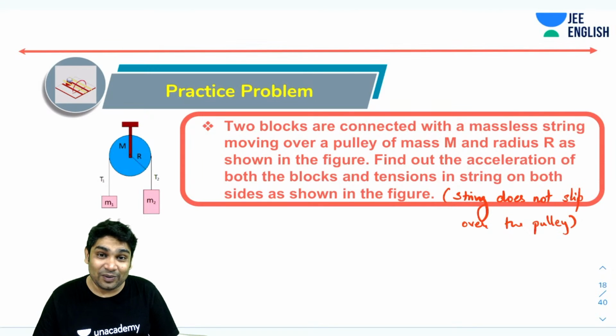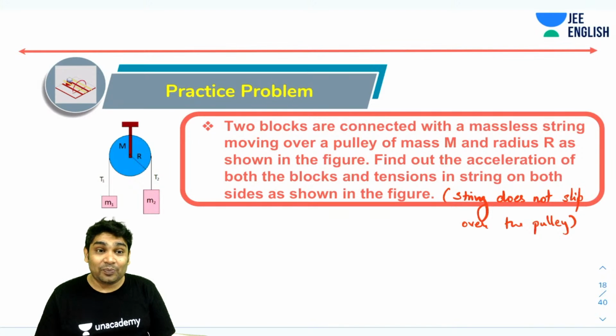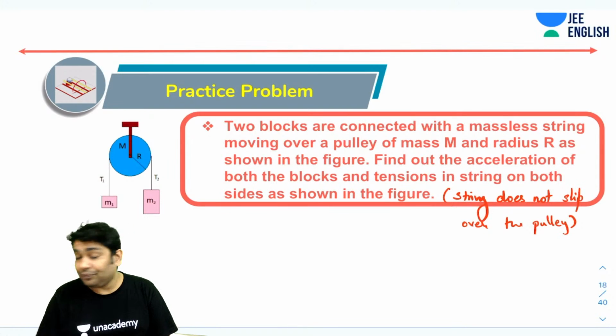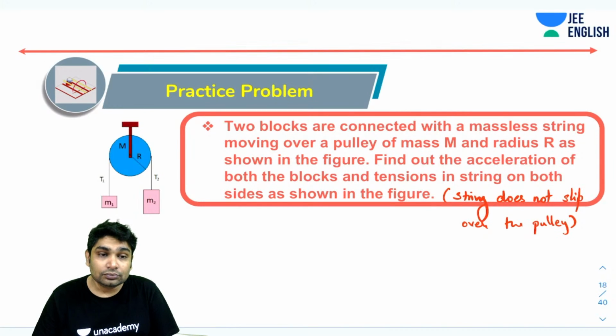We don't know when to apply what and how to apply it, of course. So stick to whatever I am telling you in today's lecture, and trust me, you will never find any trouble solving any problem from this. So you can try and solve this, and then I will show you an amazing shortcut.